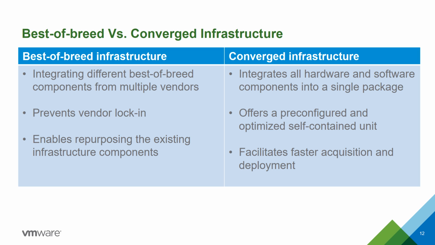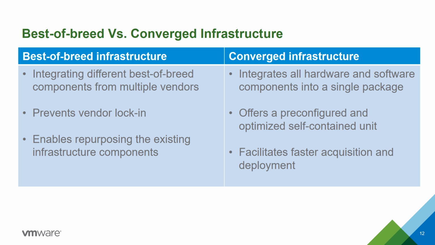If you go for converged infrastructure, let's say an organization says, I will provide you compute system, I will provide you network, I will provide you virtual platform as well as storage, all put together as a single component, as an integrated package.